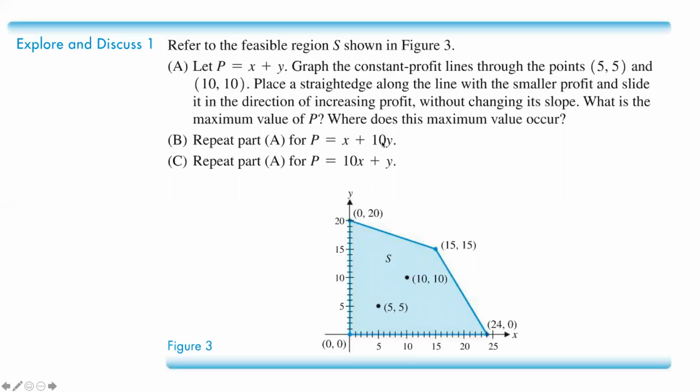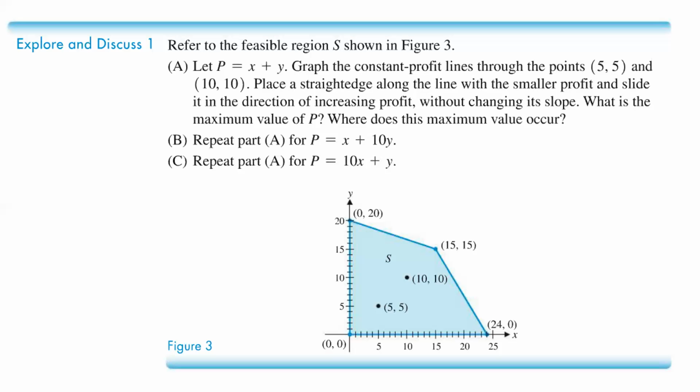So in this case, Y is more valuable for you to produce than maybe X, because you get $10 for every Y unit you sell, and only $1 for every X unit you sell. Opposite here. So one line is going to be very flat this way, and one line is going to be very steep this way. So if you're going to put these into your calculator, or just plot these on your own, you'll see that as well.